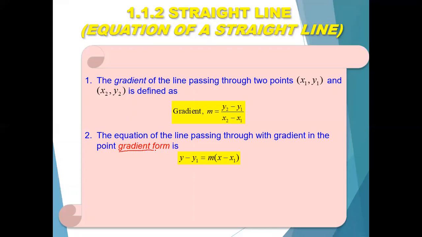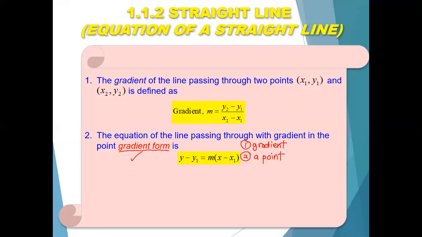We have the gradient form. Paling senang nak ingat bila nak guna, bila you ada gradient, okay, when you know the gradient and also a point. So you pakai gradient form.